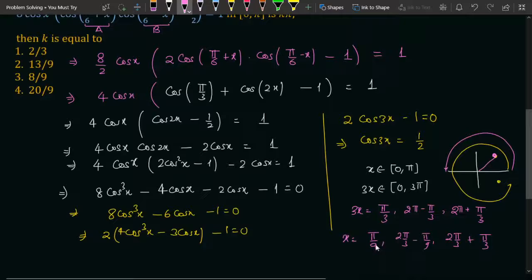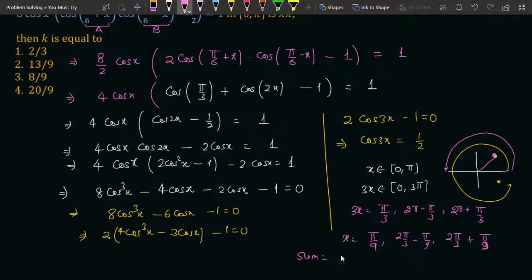But now we have to sum these solutions, and the sum should be compared with k pi to get the final value of k. So if we add them together, we will get the sum as pi by 9 plus 2 pi by 3 plus 2 pi by 3, because this negative pi by 9, and that should be pi by 9, my fault. So this negative pi by 9 and this pi by 9 will get cancelled.